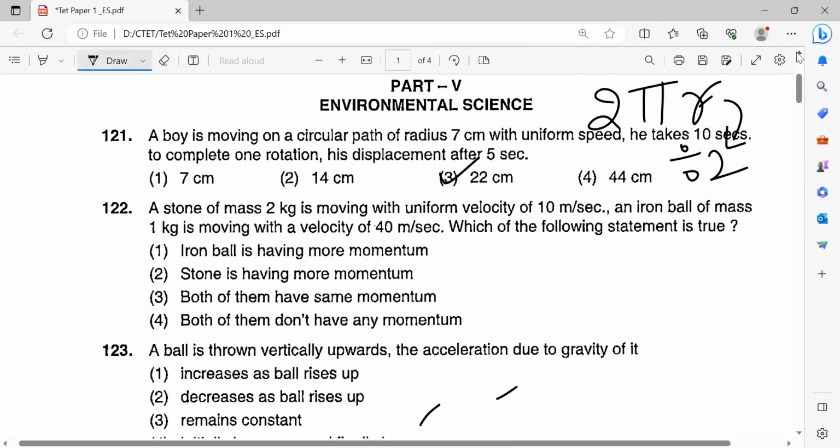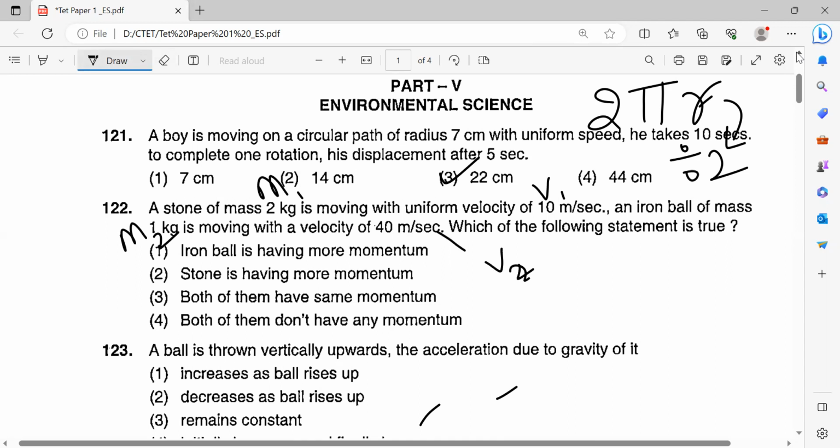So this is M1 and this is V1. And the iron ball is M2, the mass of the iron ball, and the velocity of the iron ball is V2. They asked which of the following statements is true.